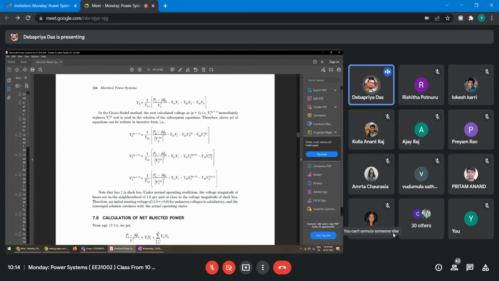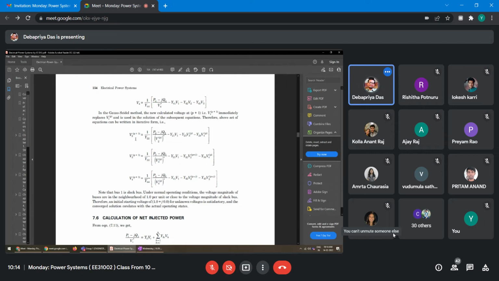But Y34 V4 will be there with V4 at p, because V4 was not computed yet. Similarly, V4 at p plus 1 will be 1 upon Y44 times (P4 minus jQ4 upon V4 at p conjugate) minus Y41 V1 minus Y42 V2 at p plus 1, because V2 at p plus 1 is computed already. Similarly, V3 at p plus 1 is already computed, so you put it here instead of V3 at p, such that the solution converges faster and takes fewer iterations. So whatever values were previously computed, you put in the next equation.